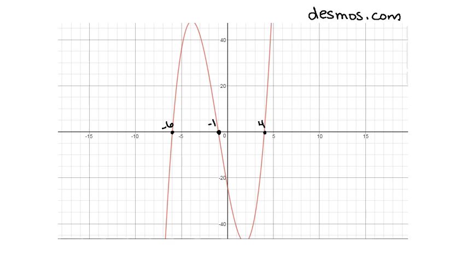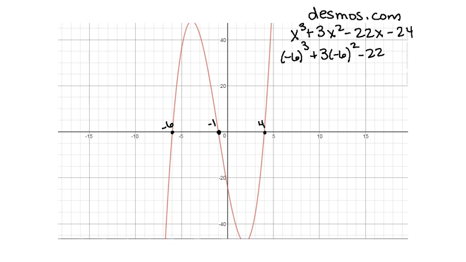When I plug in negative 6, remember our equation was x cubed plus 3x squared minus 22x minus 24. I want to get 0 for all of my answers. So we'll try negative 6 cubed plus 3 times negative 6 squared minus 22 times negative 6 minus 24.